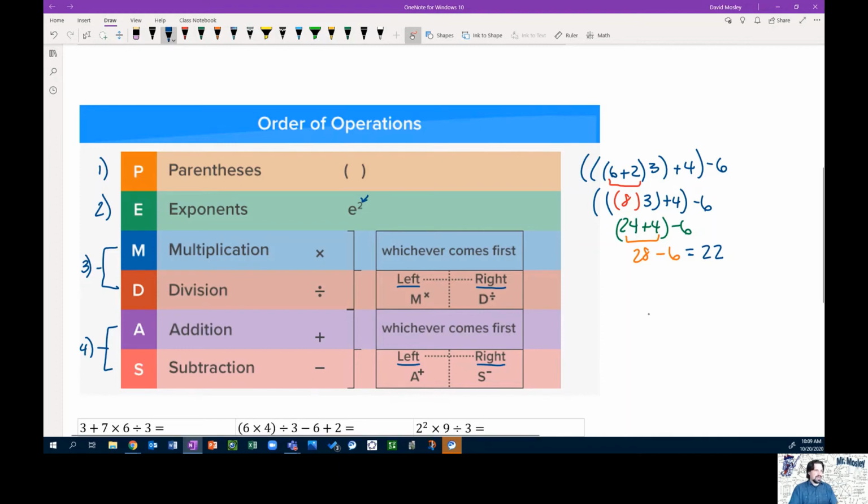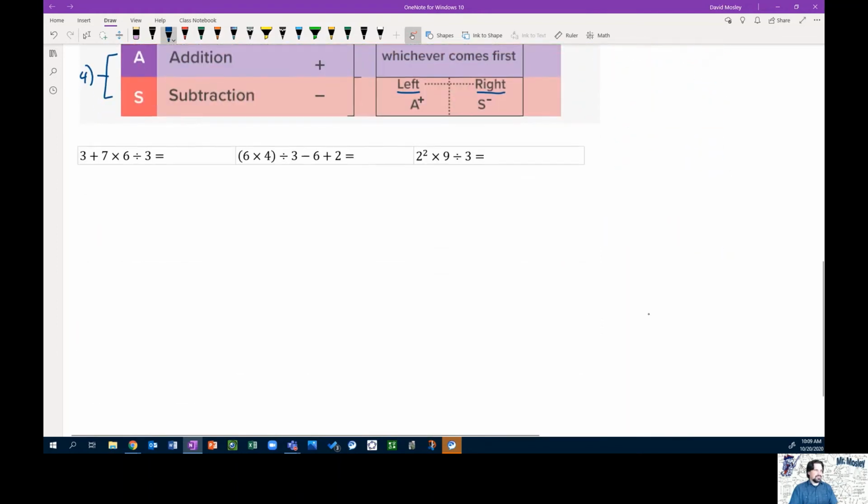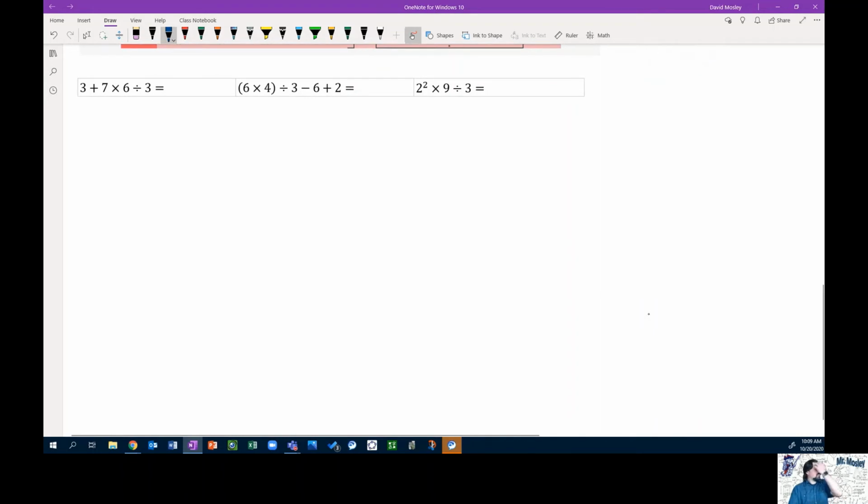So let's look at examples. We have our 3 examples here. We have this first one, 3 plus 7 times 6 divided by 3. We have no parentheses, and we have no exponents.